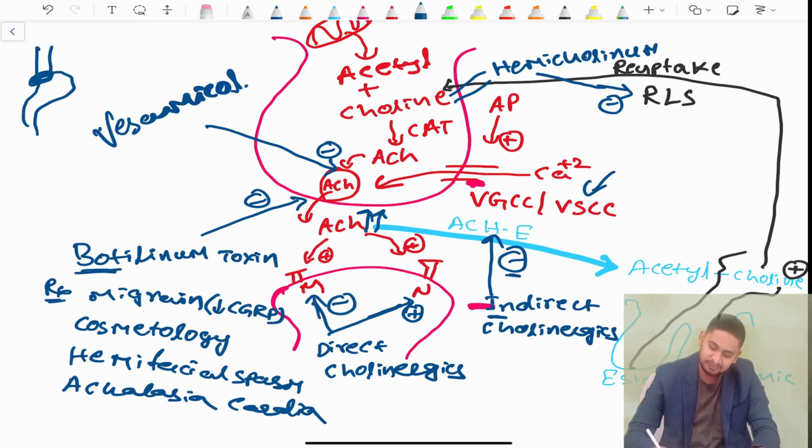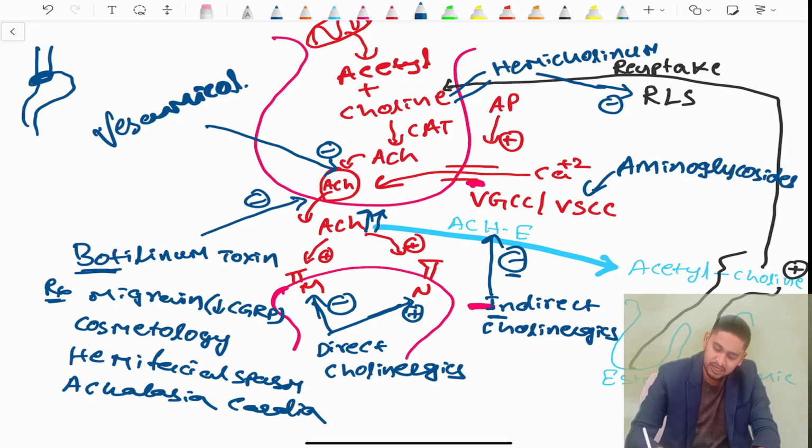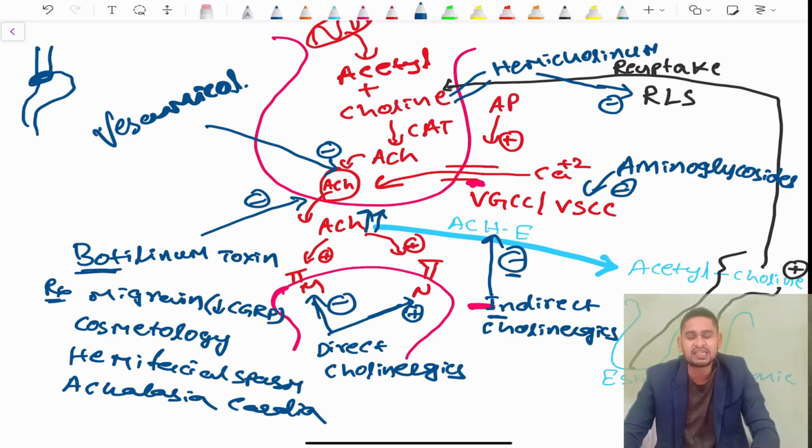And there is one particular class of antibiotic, that is aminoglycosides. Aminoglycosides block the voltage gated calcium channels, thereby no acetylcholine will be released into the synapse due to stoppage of calcium entry into the presynaptic nerve.